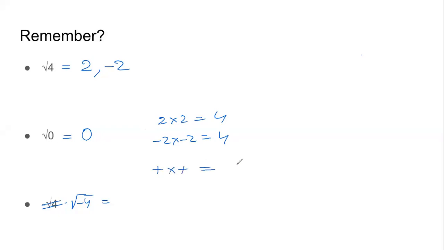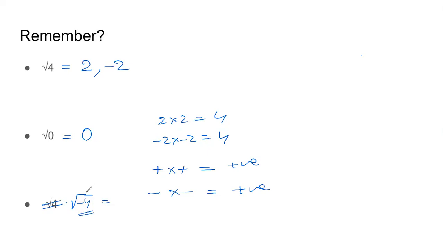So the product will be positive. If the number that we are taking is negative, the other number will also be negative. So the product will again be positive. So there is no such number which when multiplied by itself will give us a negative answer.